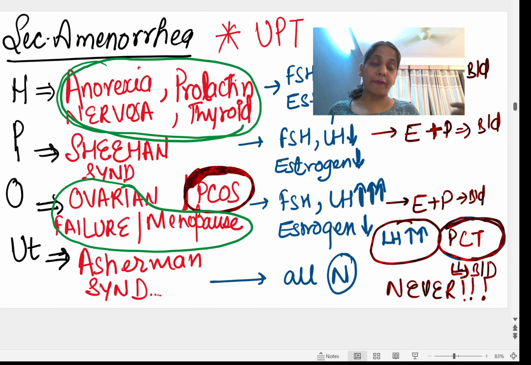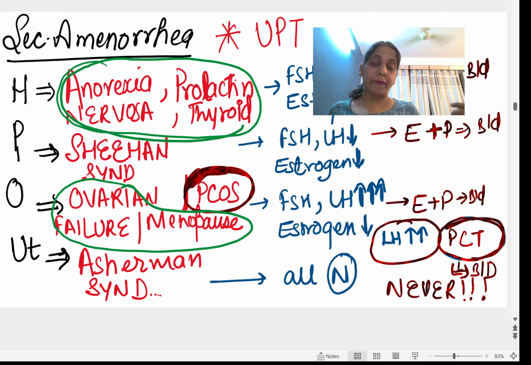Okay, and if the copper T is in the uterus, then we have to remove that copper T with the hook. But if that copper T is in the peritoneal cavity, then we have to remove that copper T laparoscopically.